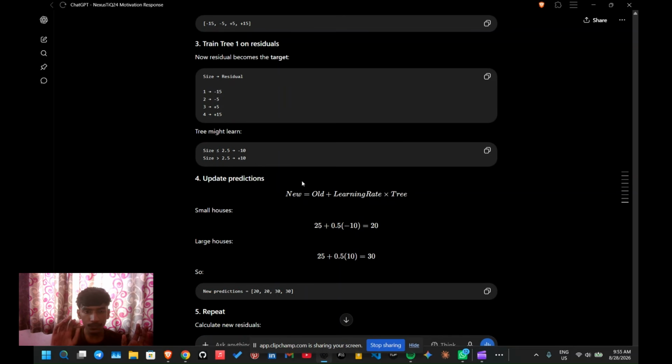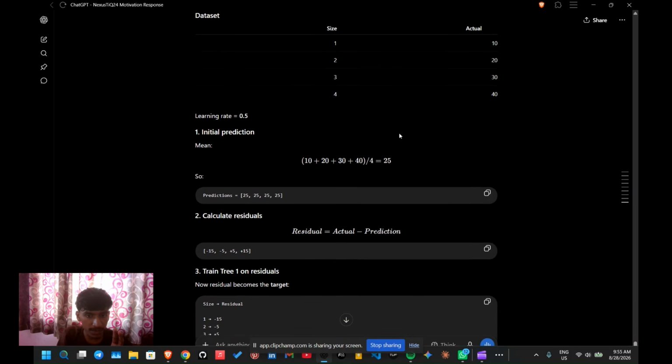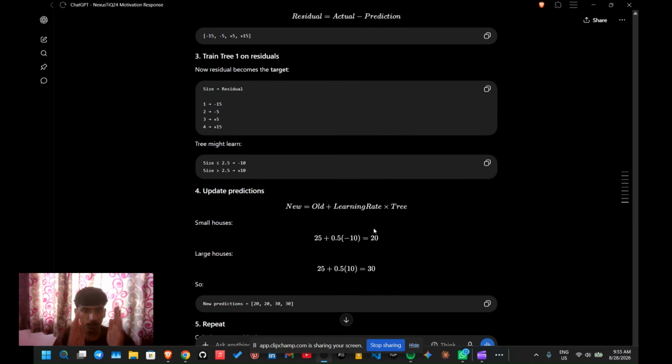Now we'll make the actual predictions change by taking the old predictions, 25, 25, 25, made with the earlier model, and updating them with the new changes, minus 10 or plus 10 depending on the size of the house. We multiply it by the learning rate, so that it won't be a sudden change and the model won't overfit. So now here we have 20, 30.